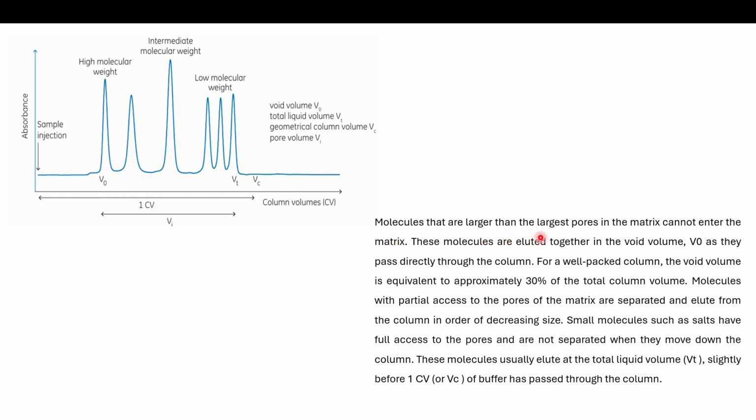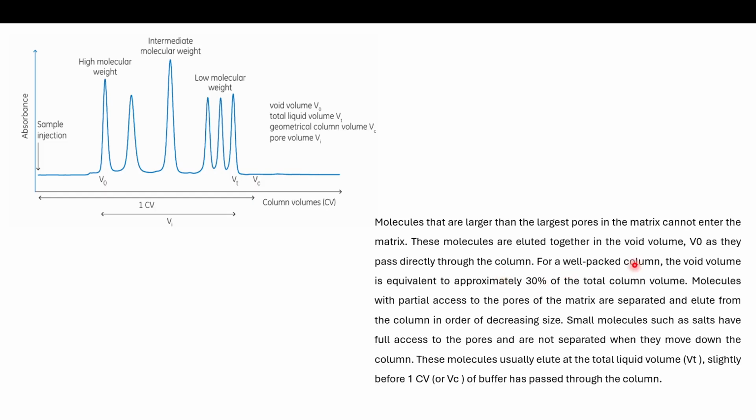Molecules that are larger than the largest pores in the matrix of SEC resins cannot enter the matrix. These molecules are eluted together in the void volume, the volume outside the pore volume, V naught, as they pass directly through the column, because they are too large to enter the resin pores.